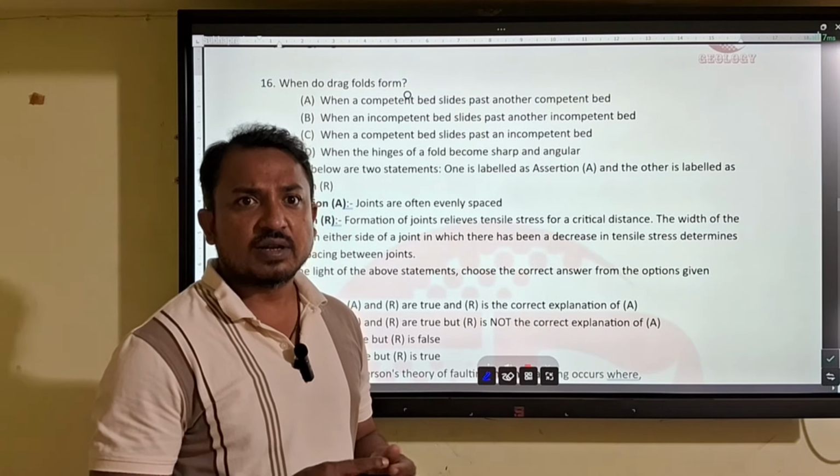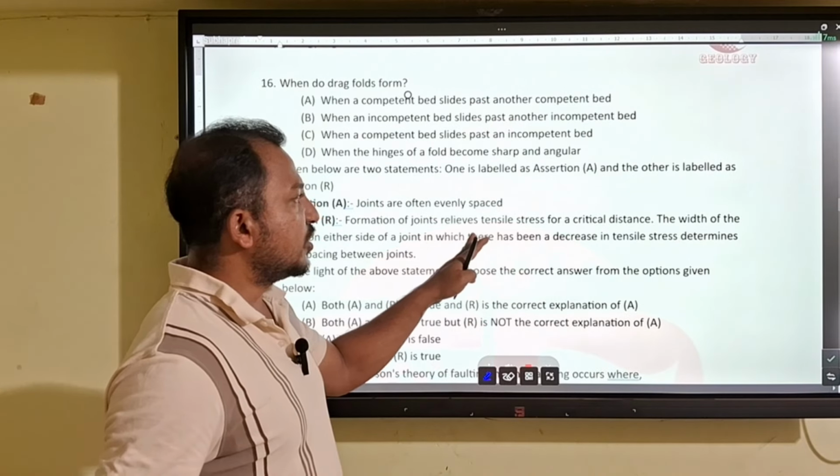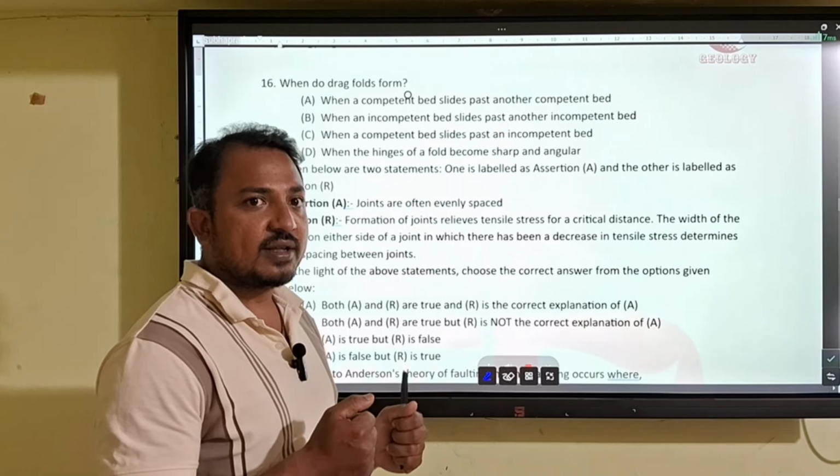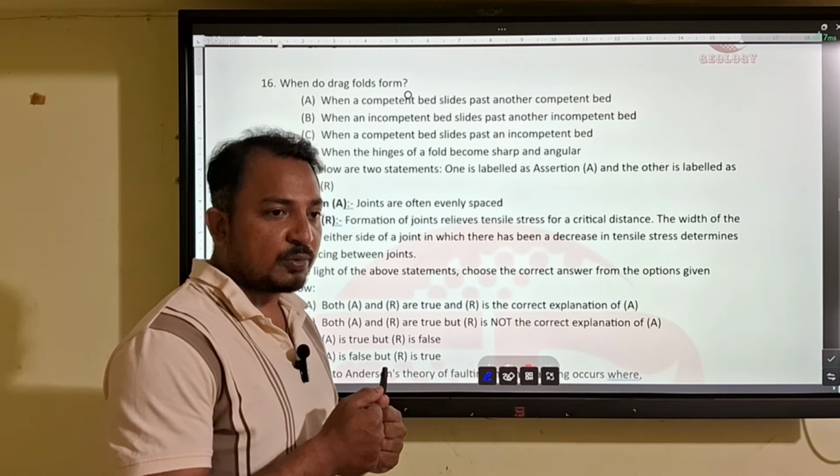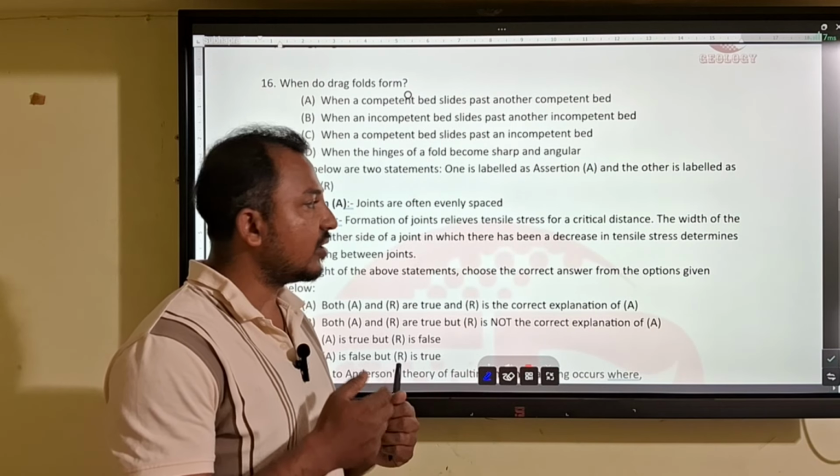So formation of a joint relieves tensile stress. Joints can be produced by tensile stress or by compressive stress, but most joints are produced by tensile stress. If you put stress on a rock, suppose tensile stress, the rock will withstand it up to a critical stress, then it will break. The amount of stress will determine the width.